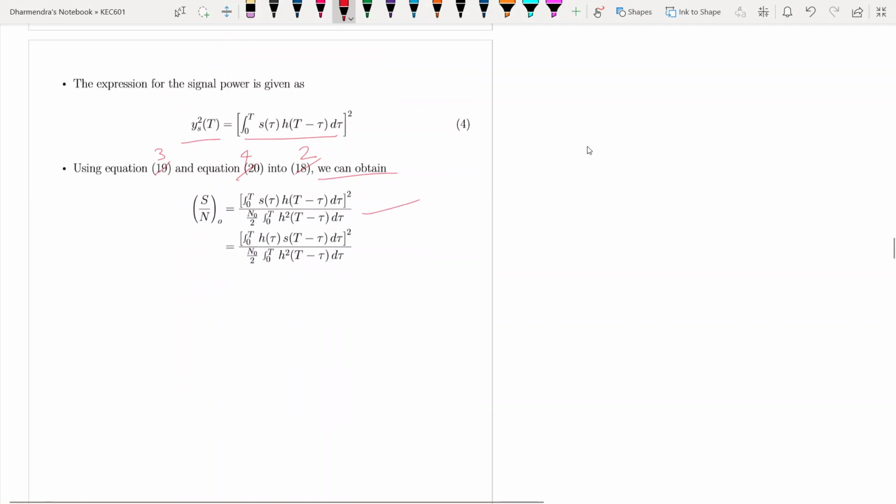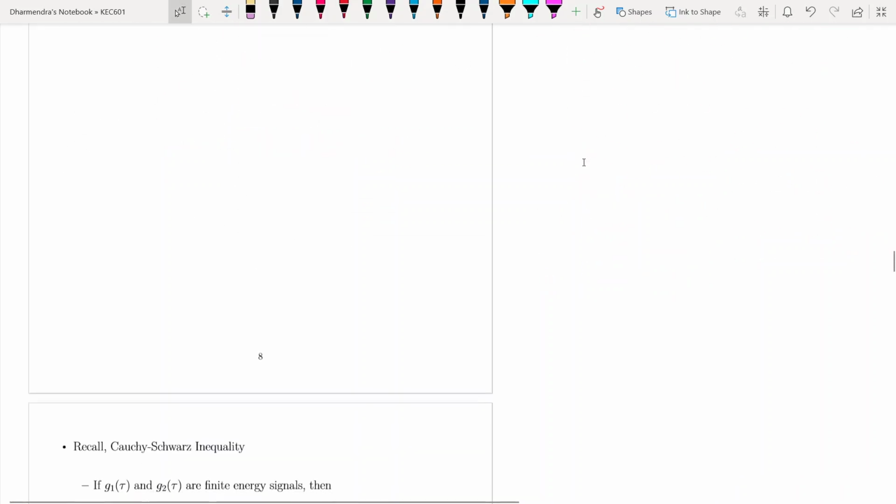By a change of variable, for mathematical convenience, this is also equivalent to this, the integral of h of tau s of capital T minus tau dt. Both are equal. So I have written it like this.